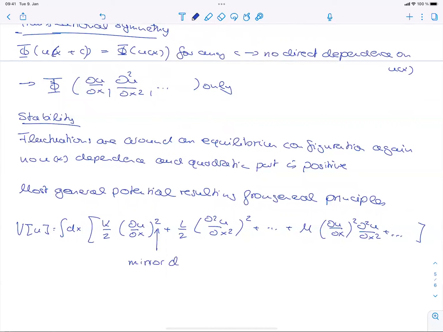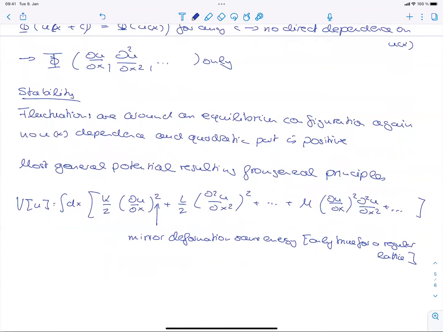No deformation, same energy. Which is obviously only true for a regular lattice.